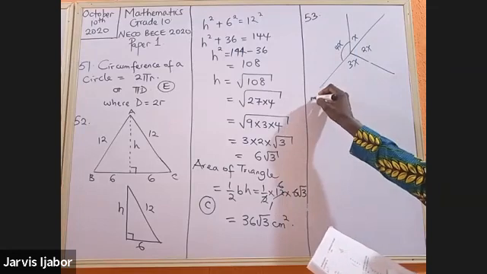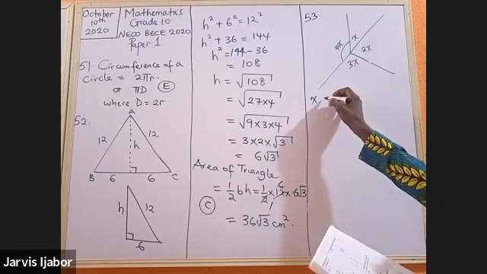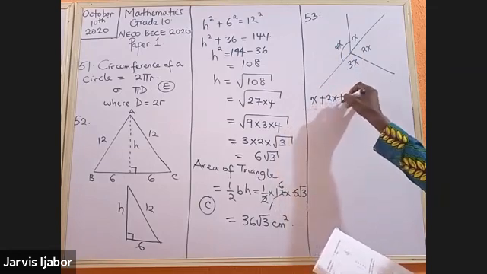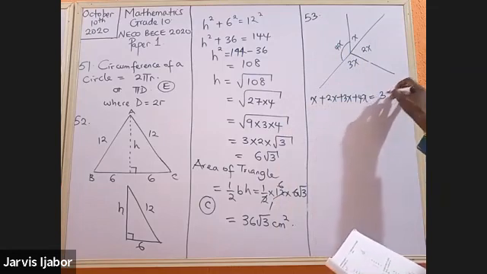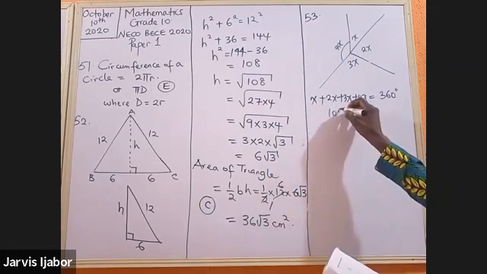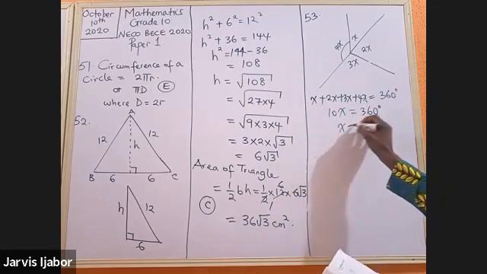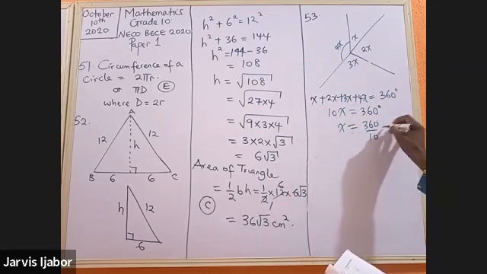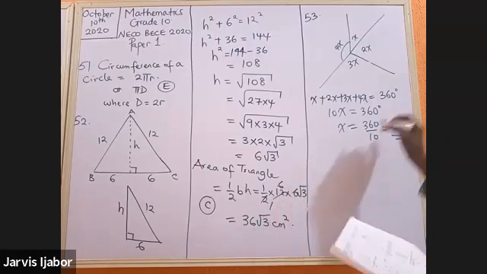So that will be x, because we know the angle at a point is 360 degrees. So that will be x plus 2x plus 3x plus 4x equal to 360 degrees. So add all of these together. This will give me 10x, equal to 360 degrees. So x will now be equal to 360 divided by 10, and that will be 36 degrees. So the answer becomes 36 degrees, and that option will be C.